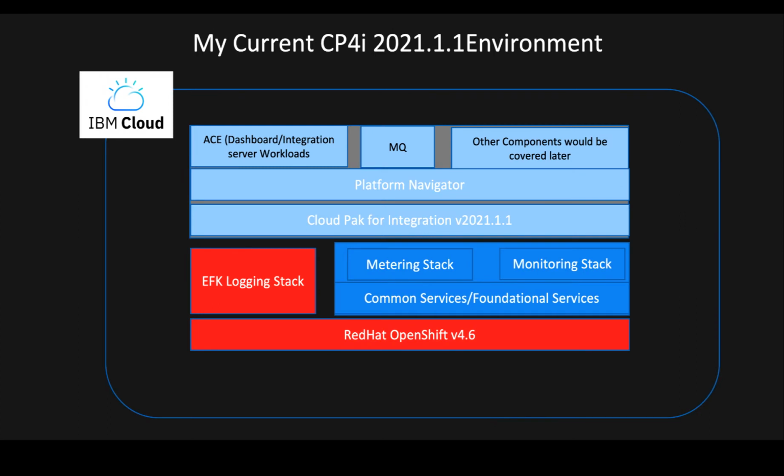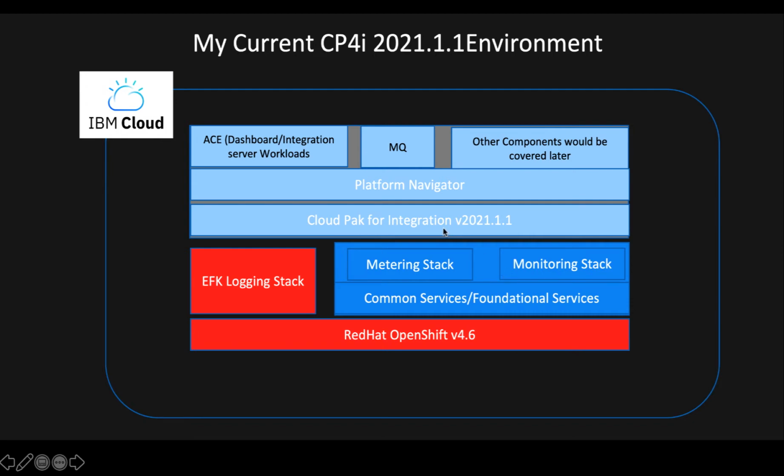So let's talk about my current environment. My current environment is running on IBM Cloud, and I have Red Hat OpenShift version 4.6, and I have used the EFK logging stack, which comes out of the box with Red Hat. And I have common services, which is now called foundational services. I have the metering and monitoring stack also provisioned.